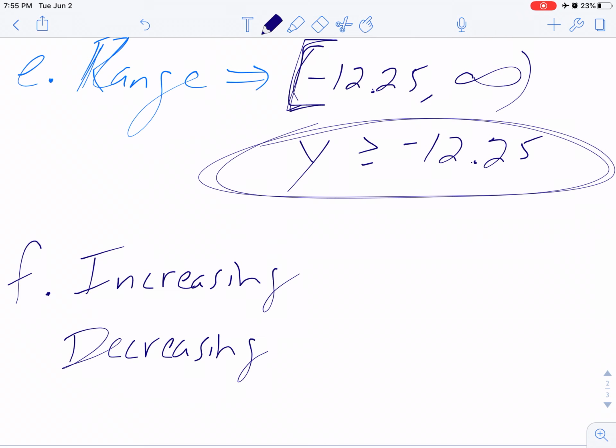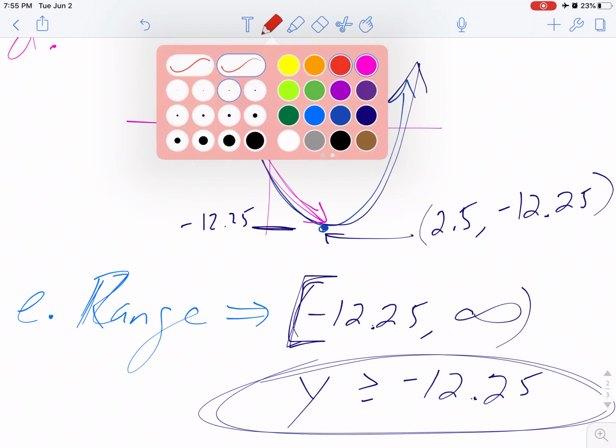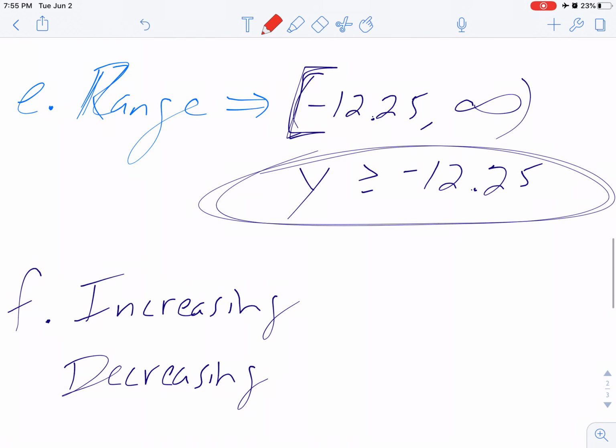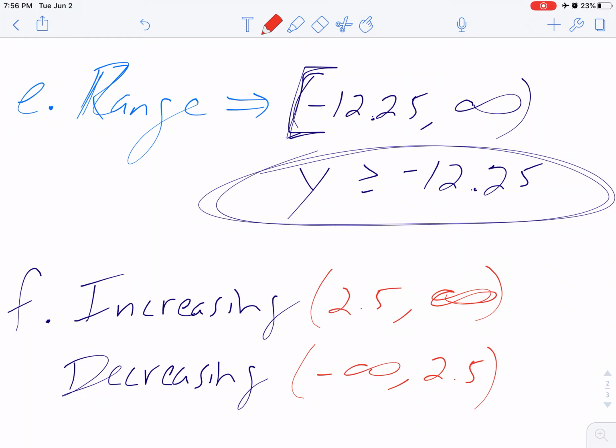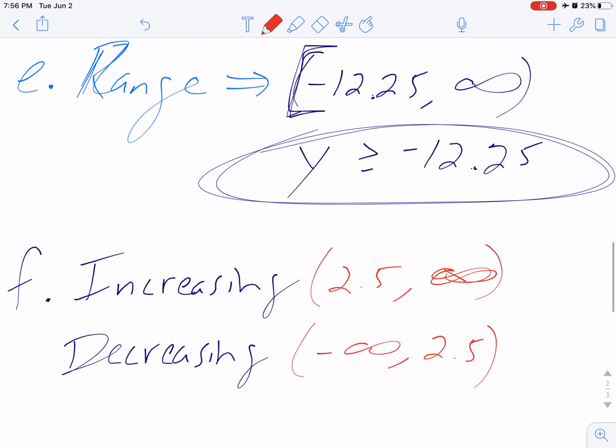There are other ways to do it, but from our little sketch, we have a decreasing function coming from left to right. Our function is decreasing from negative infinity over to 2.5. And then at 2.5 it starts to go up, from 2.5 up to infinity. So those are the regions where it's increasing and decreasing.